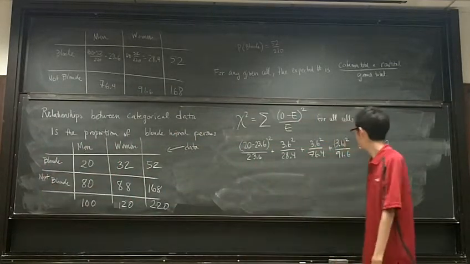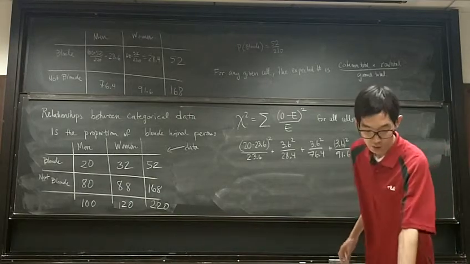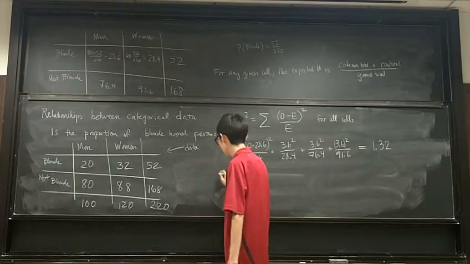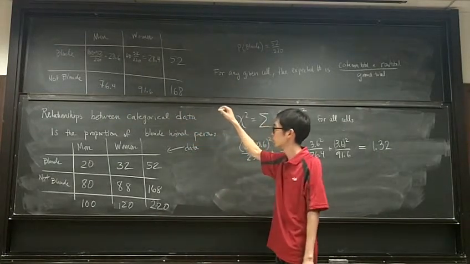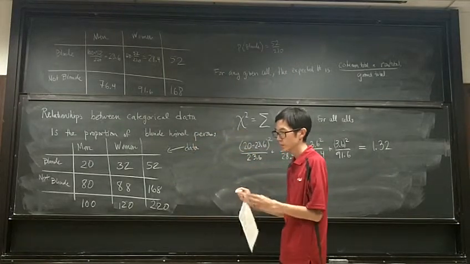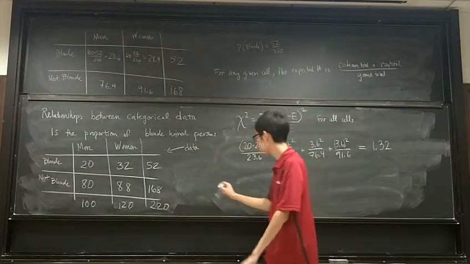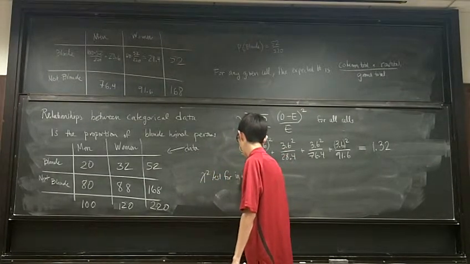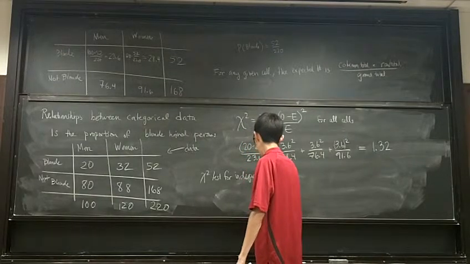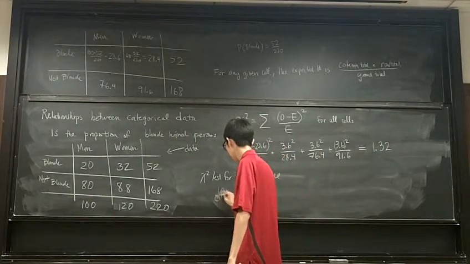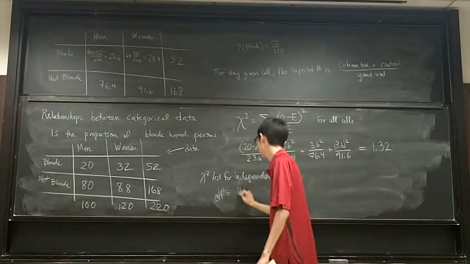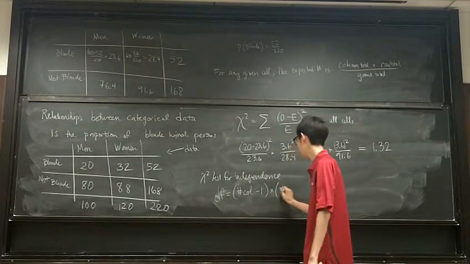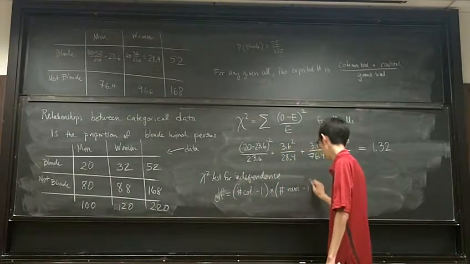All right, so now I just go to my chi-squared table. When you're doing a chi-squared test for independence, the degrees of freedom is equal to the number of columns minus 1 times the number of rows minus 1.